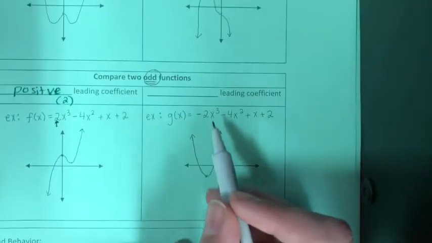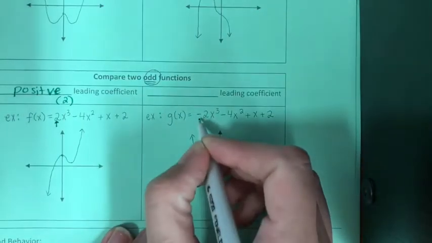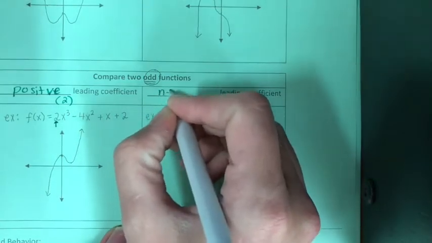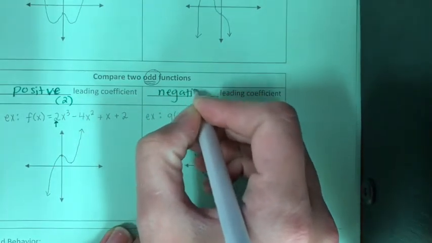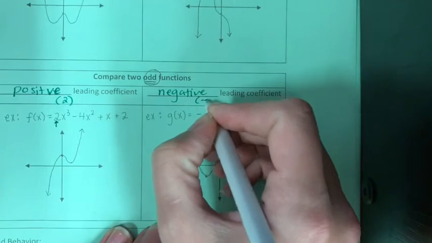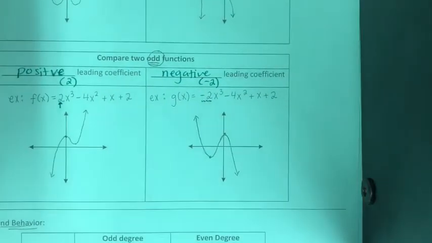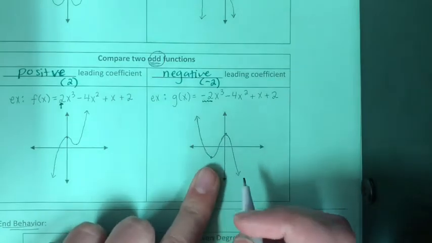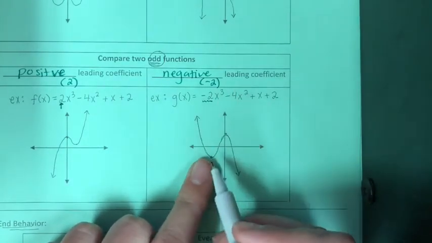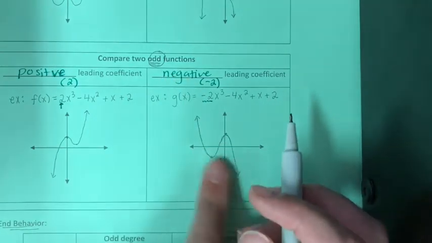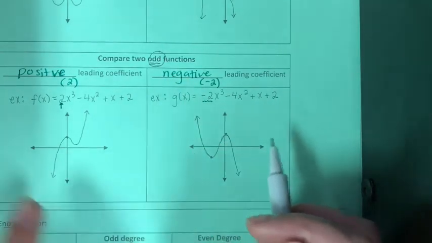And then on our other one, we can see, well, the only difference here is that this leading coefficient is negative. And I'll just put what it is, -2. And now we need to compare the end behavior here. So in this case, we still have a cubic, but now on the left side it's actually going up, and on the right side it's going down.